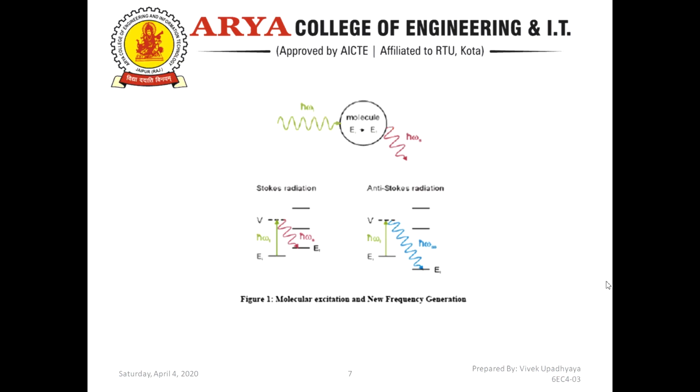Now it is also a diagram of the molecular excitation and new frequency generation. Stimulated Raman scattering is the working principle of the Raman amplifier. The pump radiation excites the molecules to higher energy levels and a new wavelength, that is the Stokes wave, is generated upon de-excitation of these molecules.